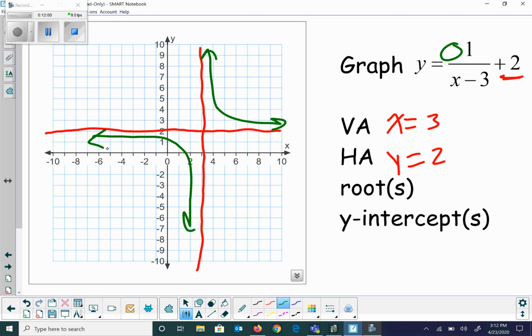And take a look. Does this one cross the x-axis? And it does. But how do we know exactly where it's going to cross there? Well, if I wanted to plug in for the x-axis, that would mean my y value would have to be 0. So if I plug my y value 0 in, I'm going to get this. And I'm going to subtract 2.